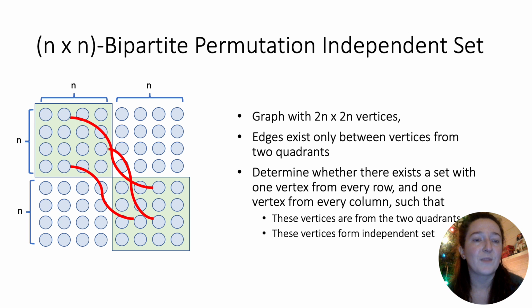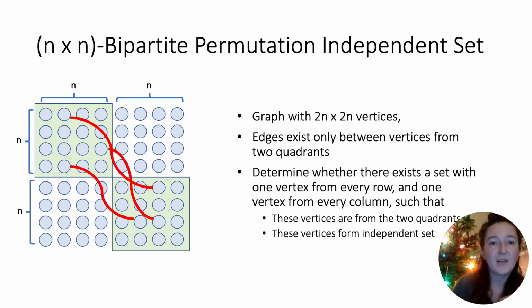Now this input graph is a yes instance of the problem if we can choose exactly 1 vertex from each row and exactly 1 vertex from each column, such that this set of vertices forms an independent set.